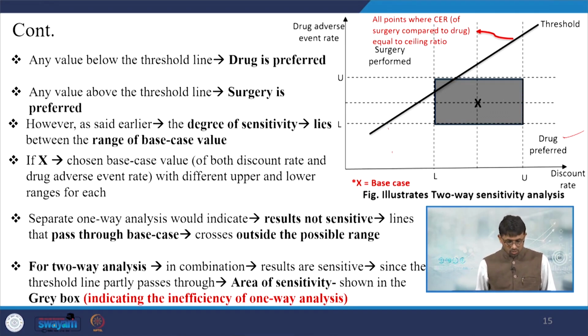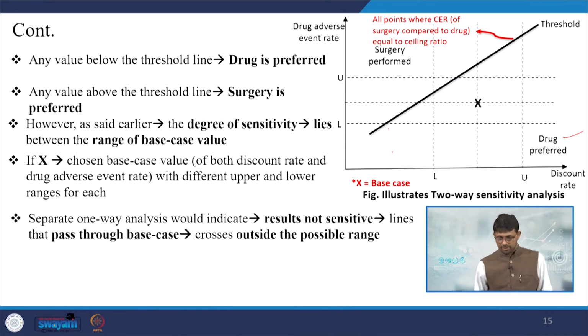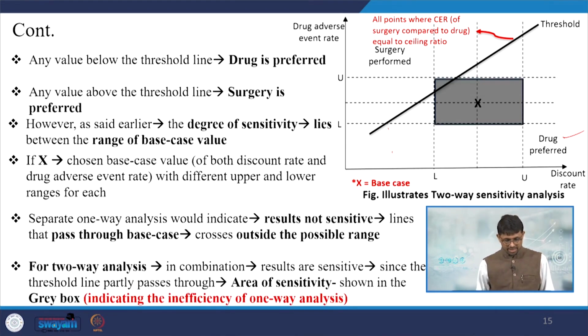Lines that pass through the base case and cross outside the possible range of that x, which I have just highlighted here. If the line passes through that base case, then it has better interpretation through the two-way analysis.